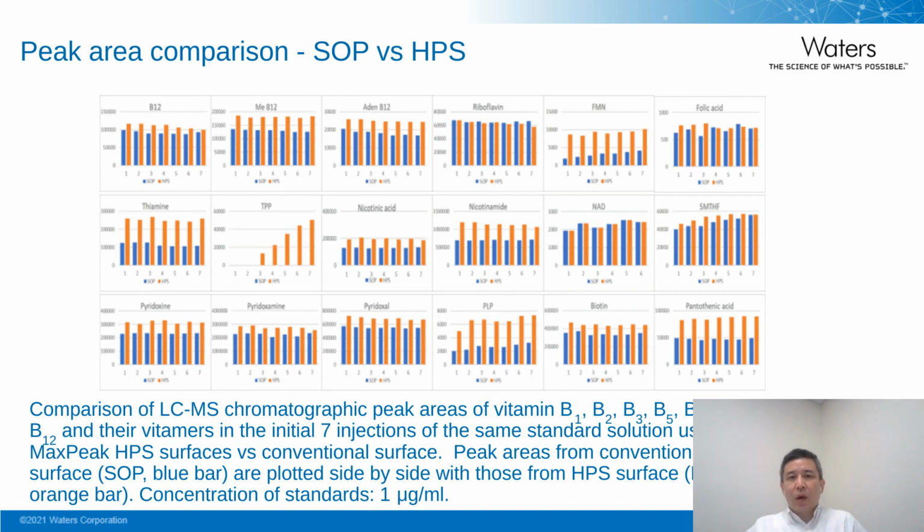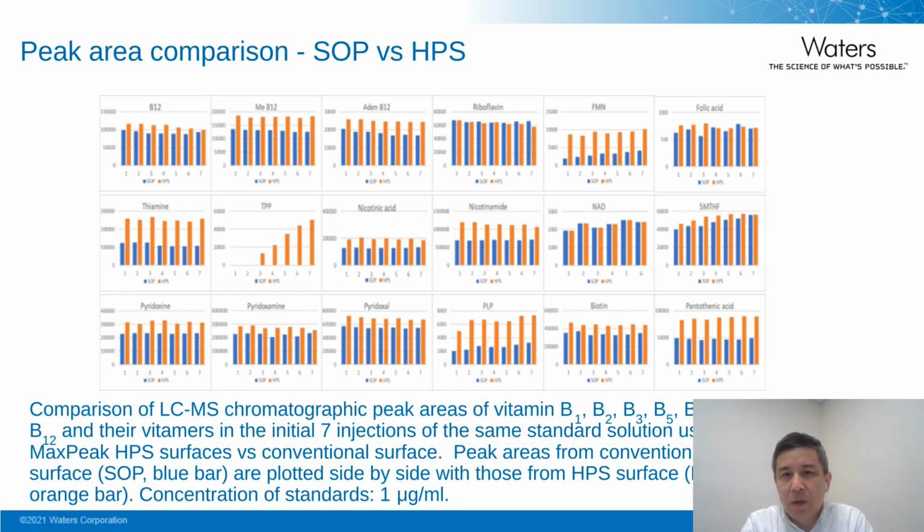The blue bar representing the data from the SOP setup, and the orange bar representing the data from the HPS setup. And you can see that the peak areas generated from the HPS setup is always either equal or higher than the peak areas from SOP. So higher peak areas is obtained with HPS.